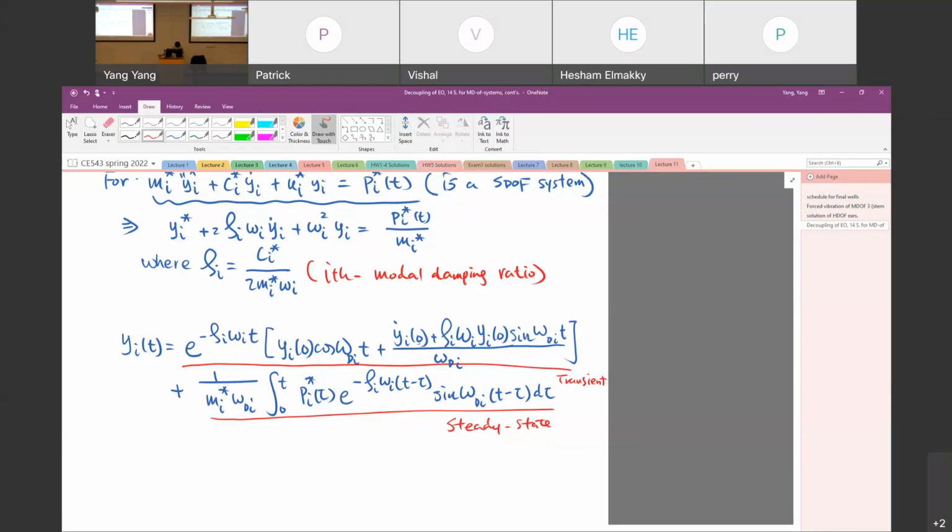Omega D is the damped natural frequency. Yes, omega di is the i-th damped natural frequency. And that is equal to Ai star over mi star. Omega di is equal to omega i.